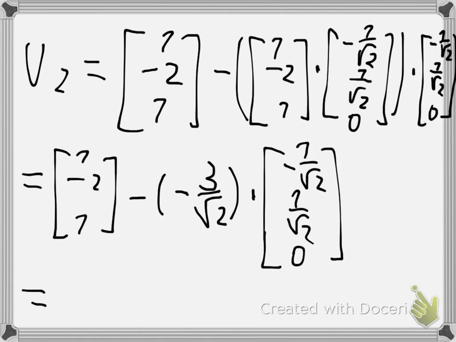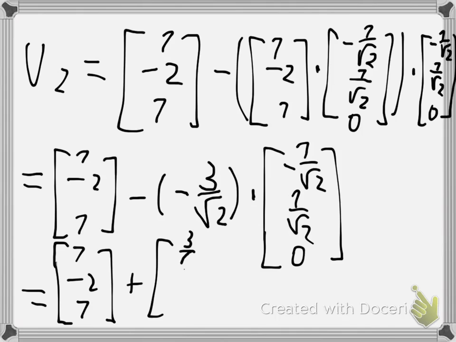And so we will get plus 3 over 4, 3 over 4 and 0.